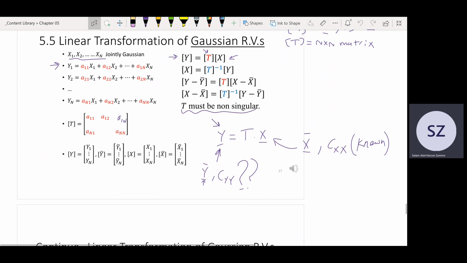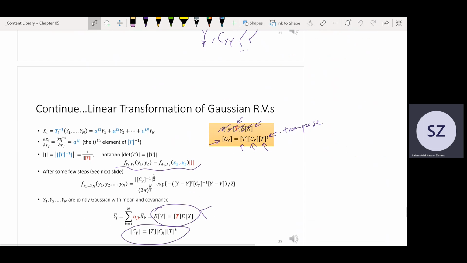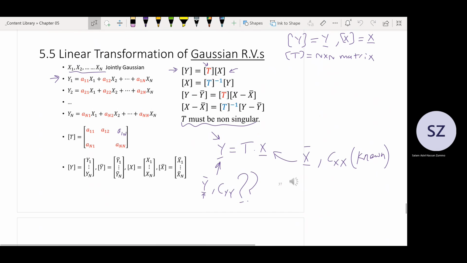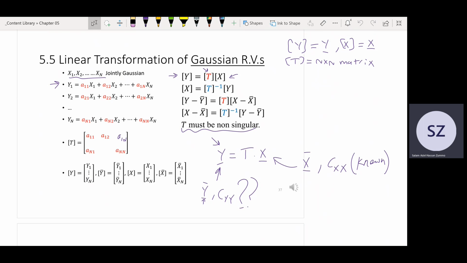We stopped here, and the final result was this. I will focus on the result for two random variables. If y1 equals a11 x1 plus a12 x2, and y2 equals a21 x1 plus a22 x2, then in vector notation y equals the transformation matrix T multiplied by x, and x equals the inverse transformation multiplied by y.